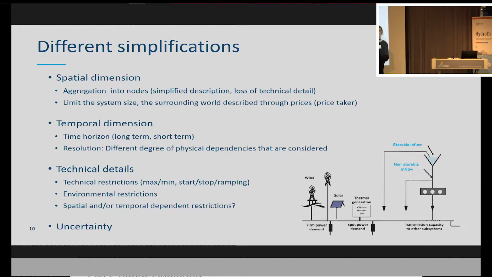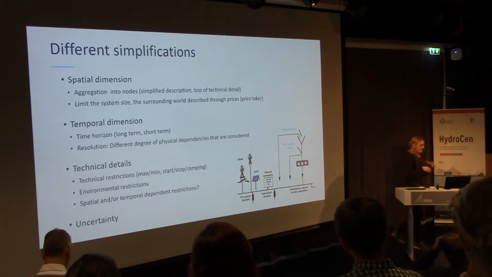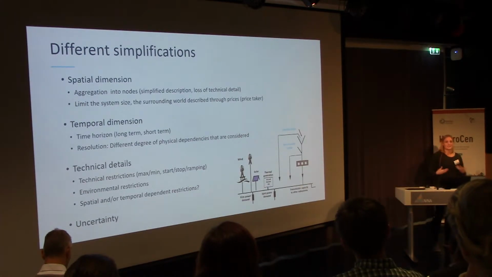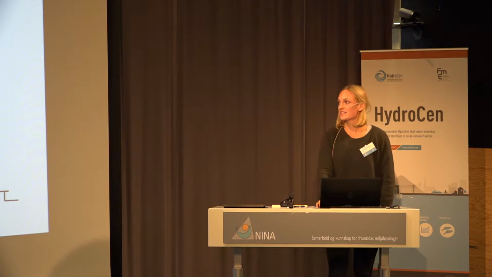So we have technical restrictions such as start and stop and ramping that you mentioned. But we also have environmental restrictions that are not physical limitations, but limitations we put on our system because we want to preserve something. And also another modeling perspective is, are these going to be time dependent? Are they going to depend on the different nodes in your system? Which again means that it gets even more complex. And again, uncertainty. Uncertainty always makes it more complex.